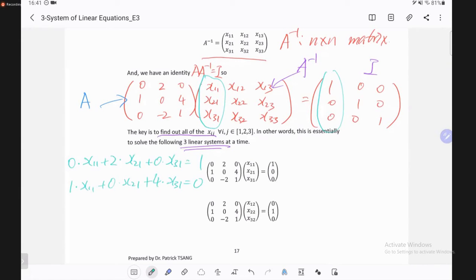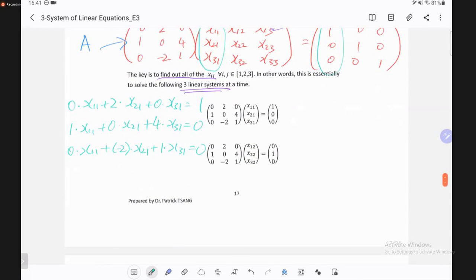The third equation: 0 times x11 plus negative 2 times x21 plus 1 times x31 equals 0. So indirectly we are having 3 equations, and we can consider this as forming a linear system, in particular, the variables are x11, x21, and x31.